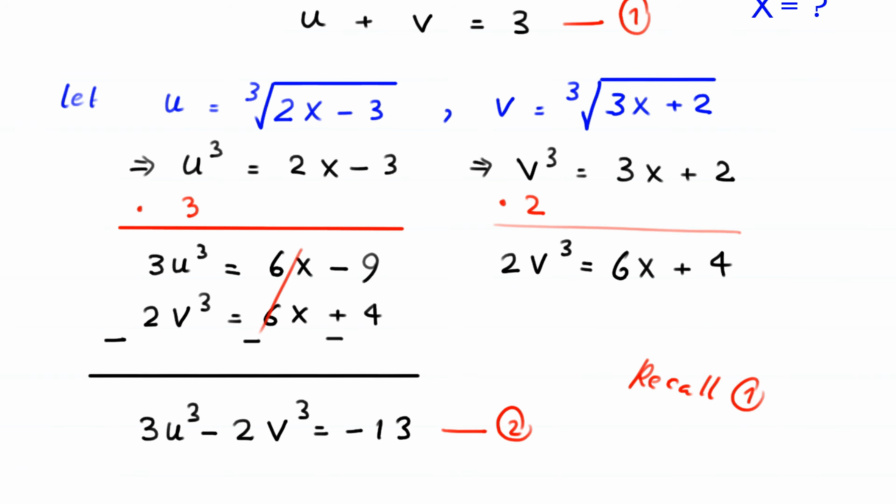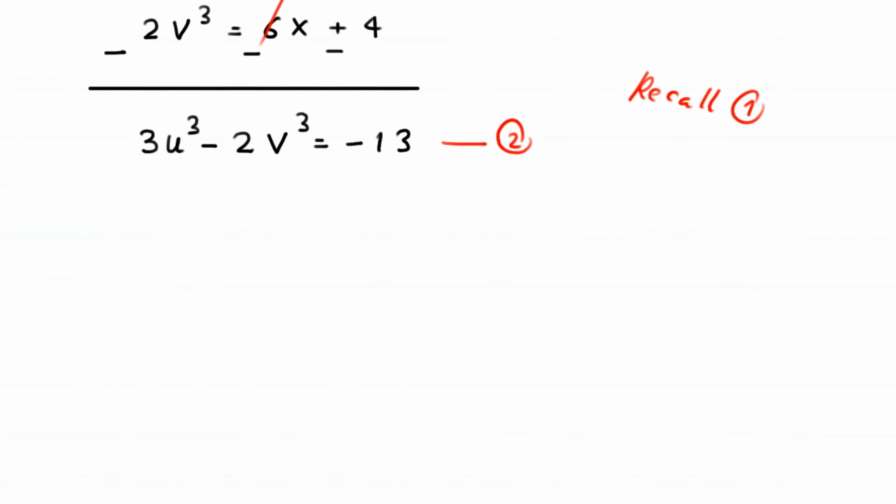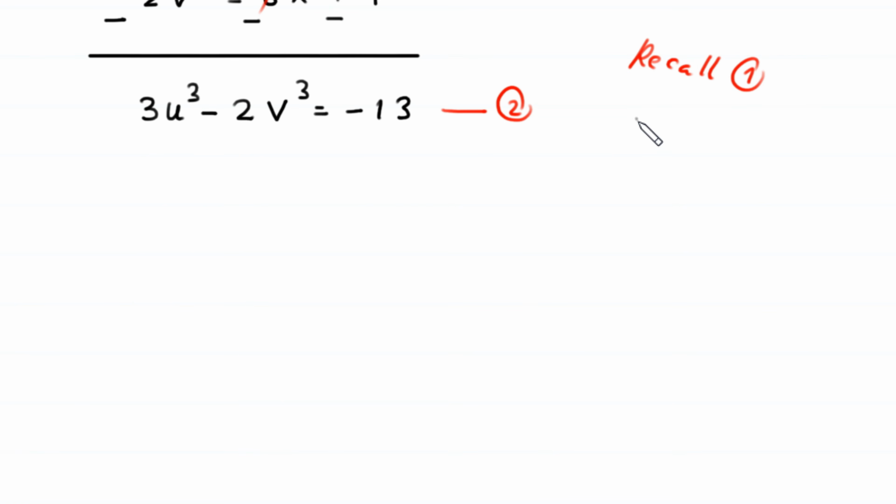Equation 1 is u plus v is equal to 3. Move this u to the right hand side, then v will be equal to 3 minus u.